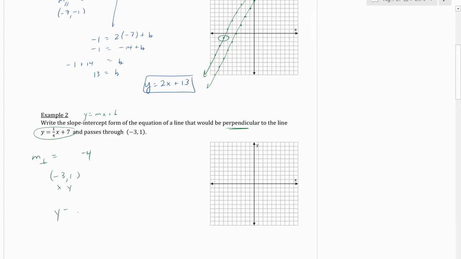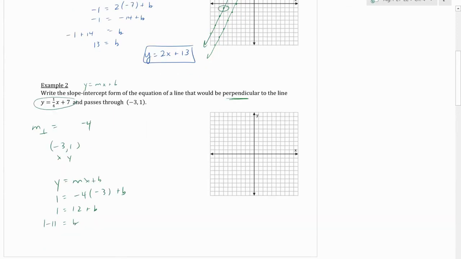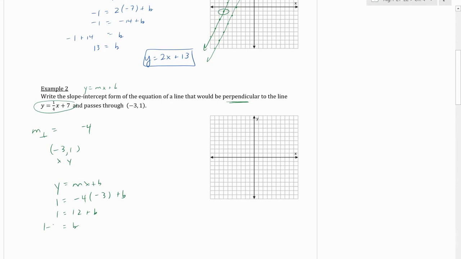And there's our x and our y. So when you start filling in, the y is the slope times the x plus b. Oops, I was going ahead and getting the answer. So the equation of this line is y equals -4x minus 11.